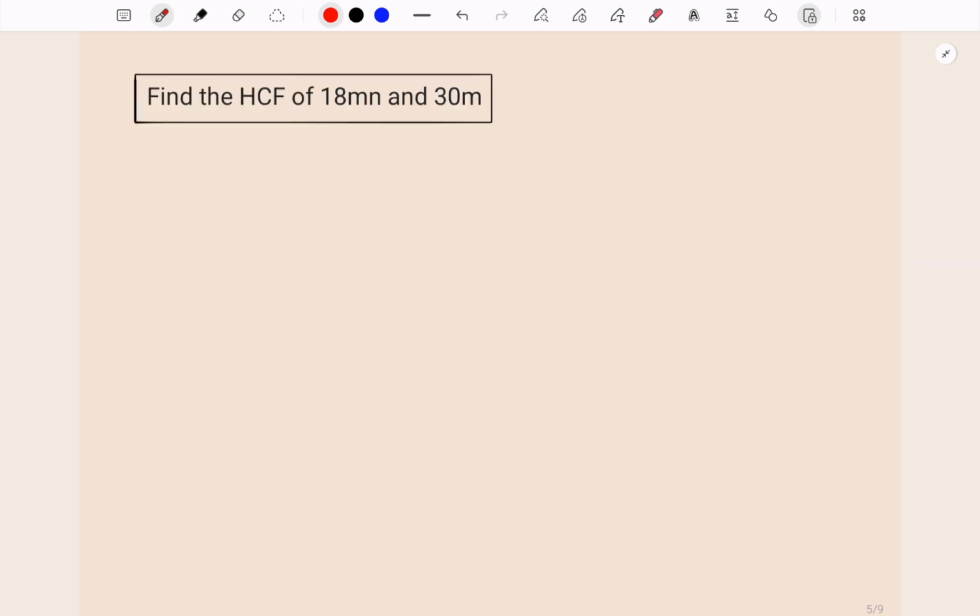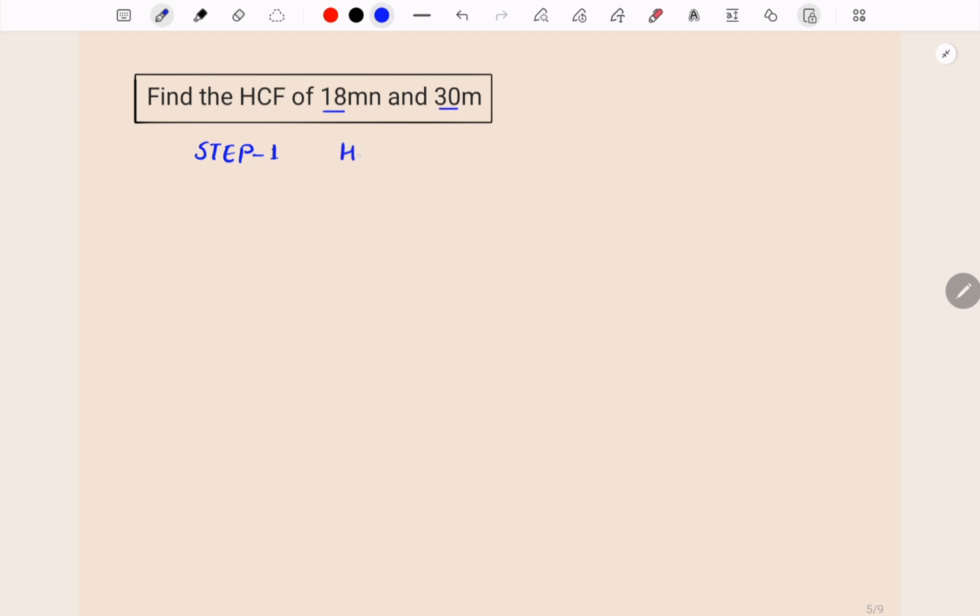Now let's solve the next example. We need to find the HCF of 18mn and 30m. First, we need to work on step 1. Step 1 is always concerned with the numbers. So here we have 18 and 30 as the numbers.